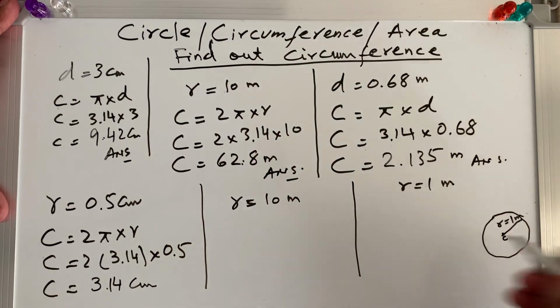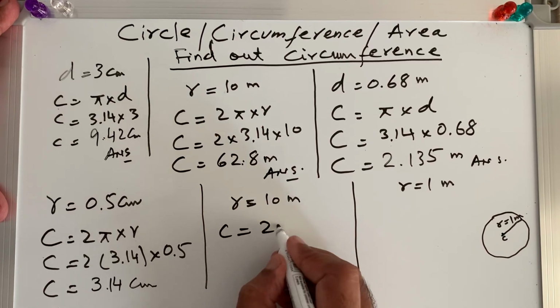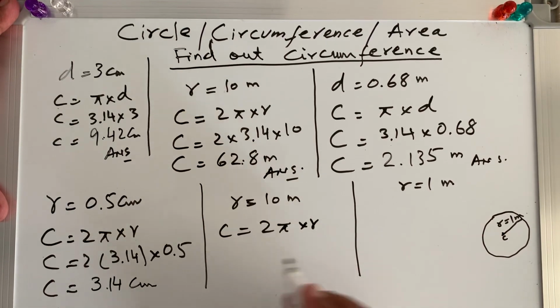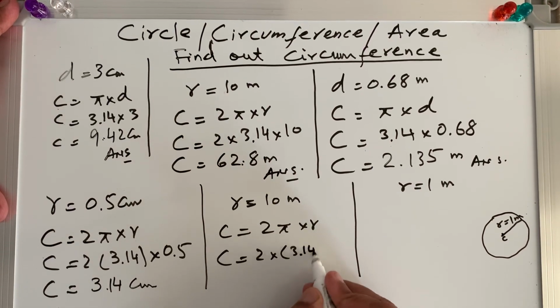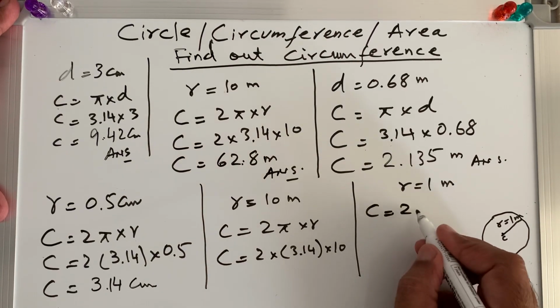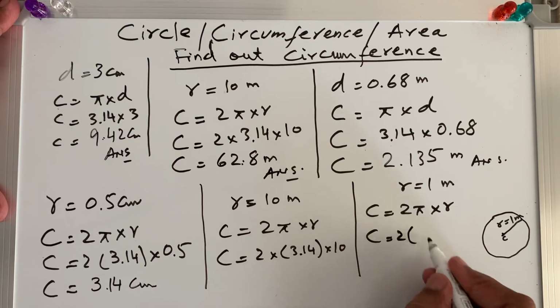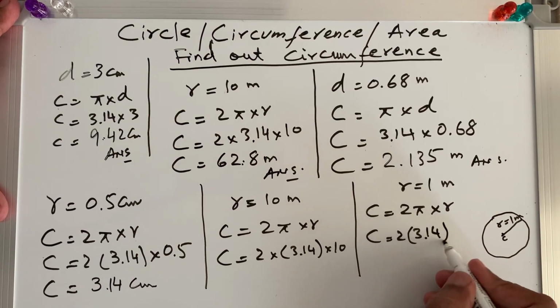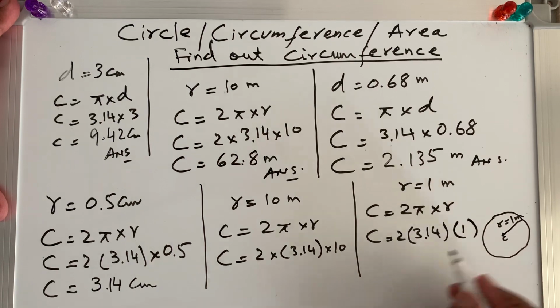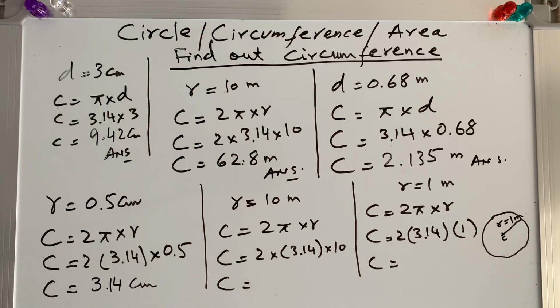In both cases the circumference is 2 pi times r. So C is equal to 2 times 3.14 times 10. Here also C is equal to 2 pi times r, so C is equal to 2 times 3.14 times 1 meter, right? So you calculate both questions and then you will say what the answers are.